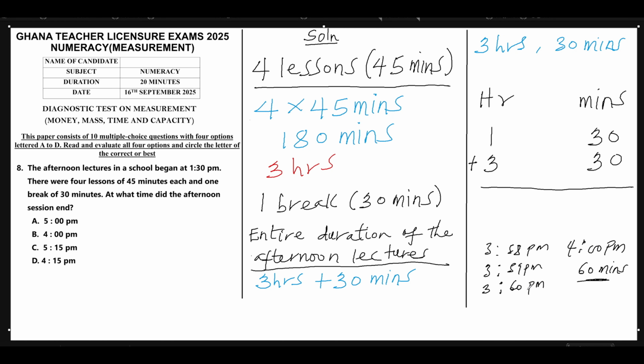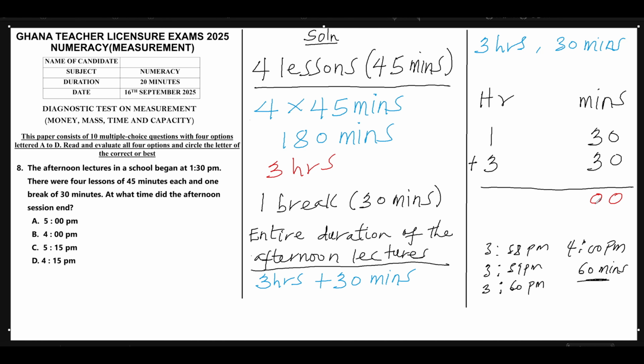Anytime you get to 60 minutes, you have to convert the 60 minutes to hour. So the same approach. We know that 30 minutes plus 30 minutes, that is 60 minutes. But because we don't have 60 minutes on the wall clock, we have to convert the 60 minutes to hour. So that will give us 1 hour. So we'll be left with 0 at the minute column.